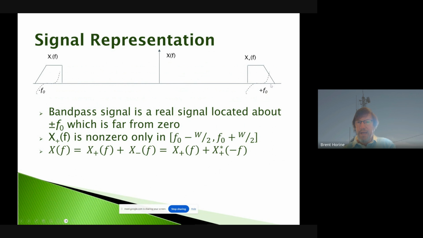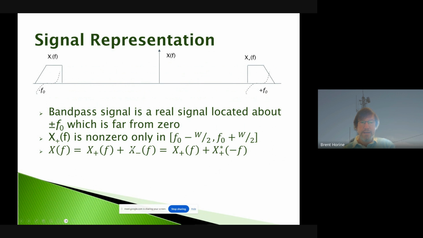So now the bandwidth is defined as this region where we have support. Conversely, we have bandwidth down here, and so we could look at X minus similarly and analogously, right? So X of f is equal to just the sum of these two components.